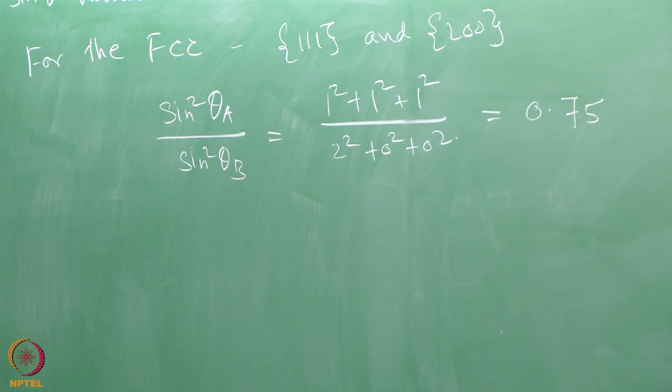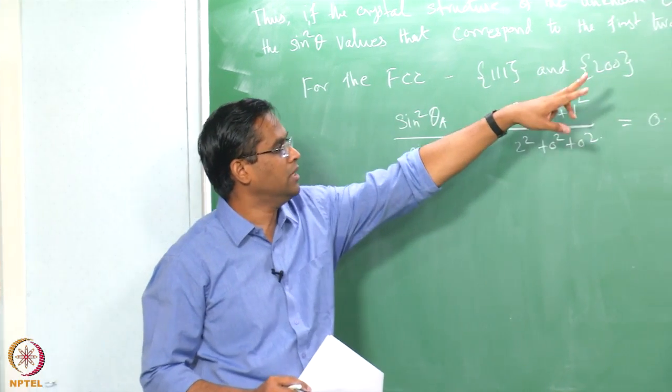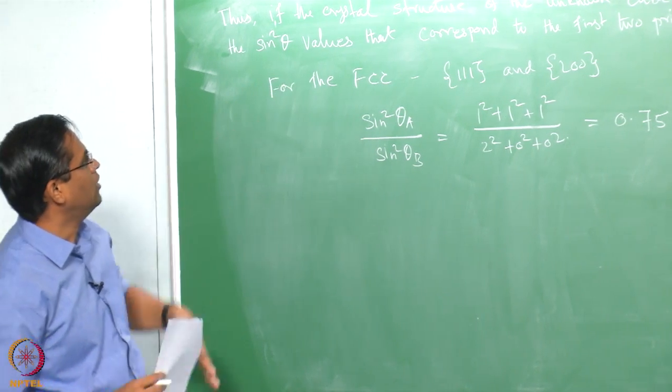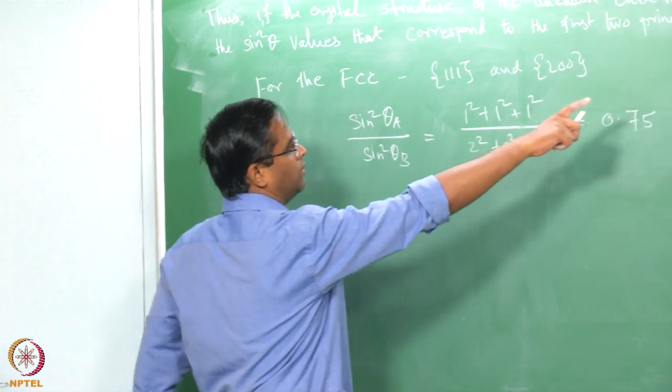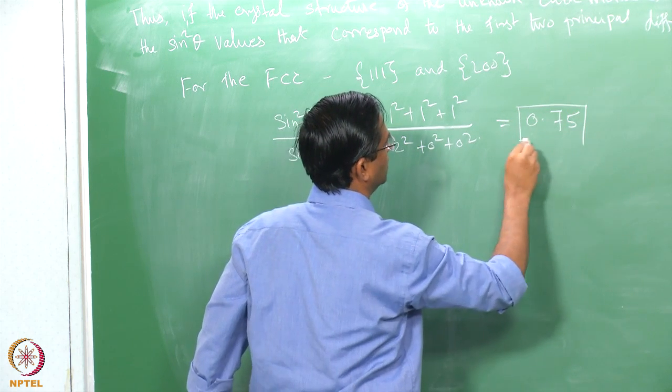So, similar to this we can write, if the crystal structure of the unknown cubic metal is FCC instead of BCC, then the ratio of the sine squared values corresponding to the first two principal planes will be 0.75 for FCC.